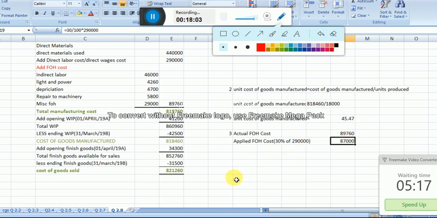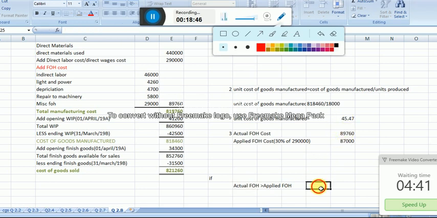Note these things: when actual FOH is greater than applied FOH, it means actual factory overhead is more than applied FOH, as in this case.